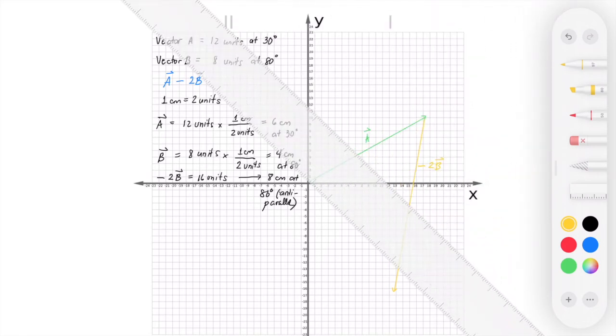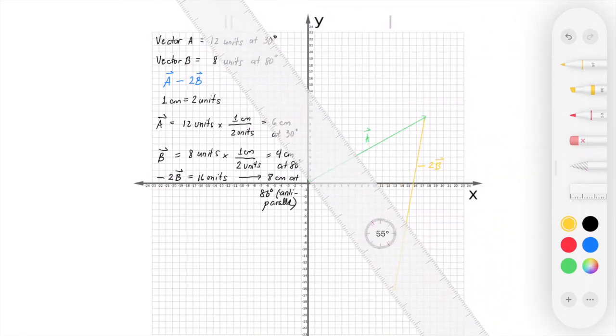And then let's try to get now the resultant vector. So that is around, let's see.